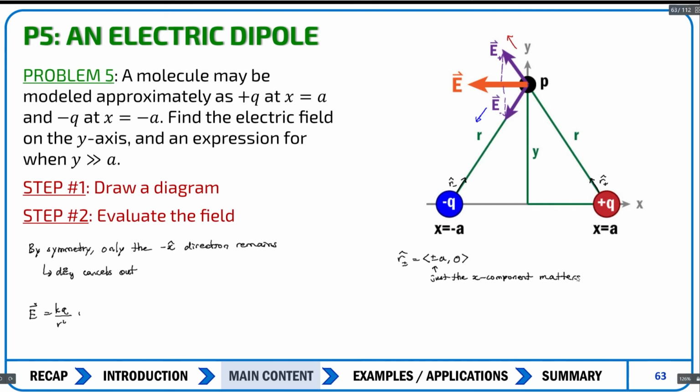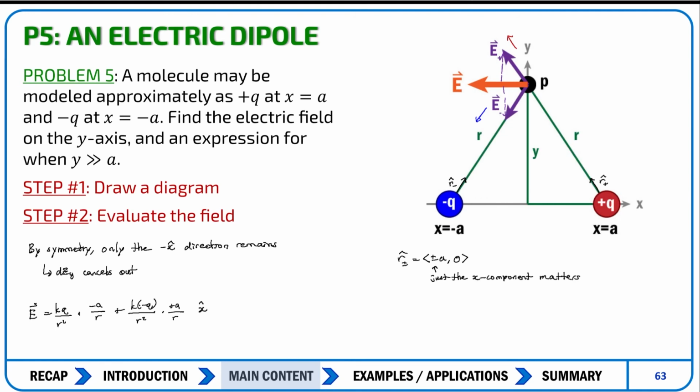Saves us some work. So in this case we have k times negative a over r, plus k negative Q over r squared times plus a over r in the x hat direction. Now just remember, for an electric dipole, it's really not a charge distribution.